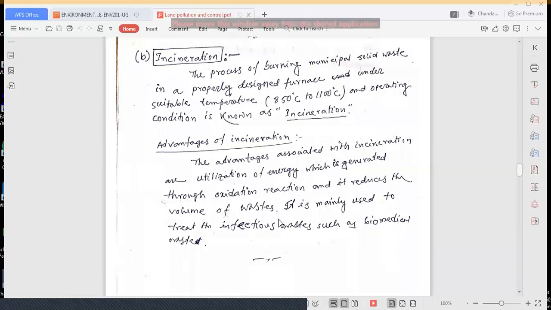In West Bengal, there is an incineration solid waste management facility near Dakhineswar. In incineration, the temperature required is near about 850 degrees C to 1100 degrees centigrade.